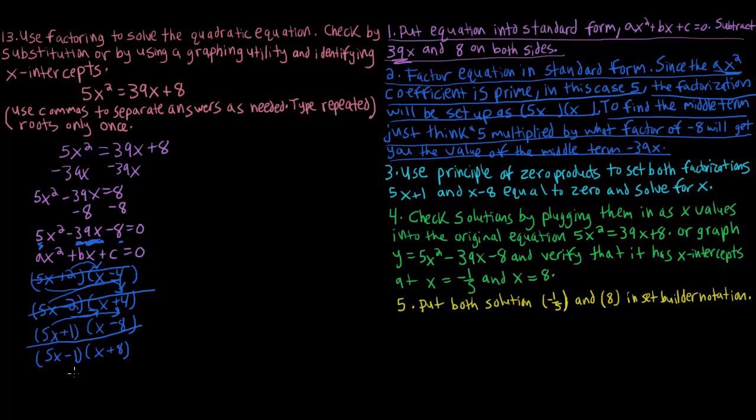Because even if you look at this last possible factorization, 5x times 8, is 40x, and minus 1 times x is minus 1x, so 40x minus x is positive 39x, and we had negative 39x, so that's not a possible factorization.